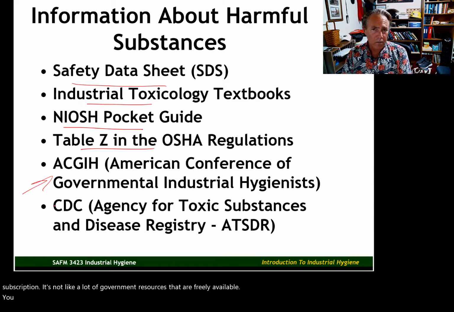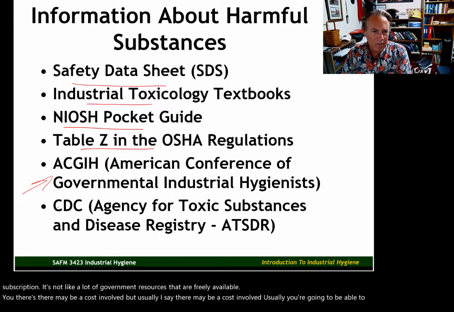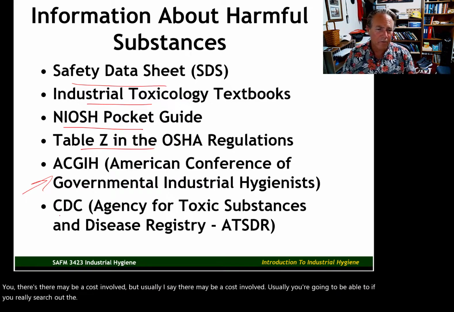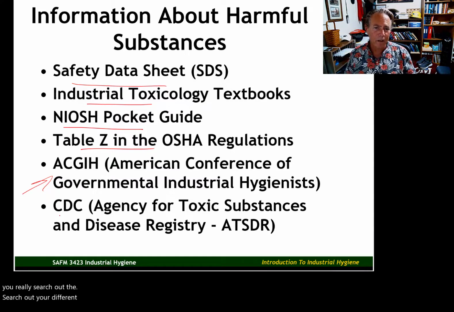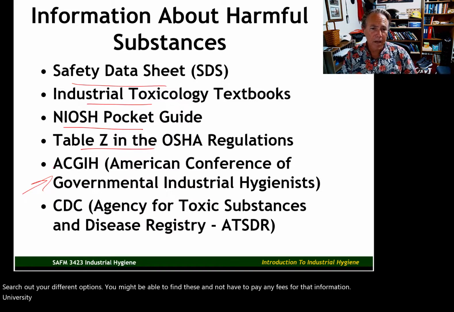There may be a cost involved, but usually, if you really search out your different options, you might be able to find these and not have to pay any fees for that information. University libraries may have publications of the ACGIH. That would be a resource you could use.